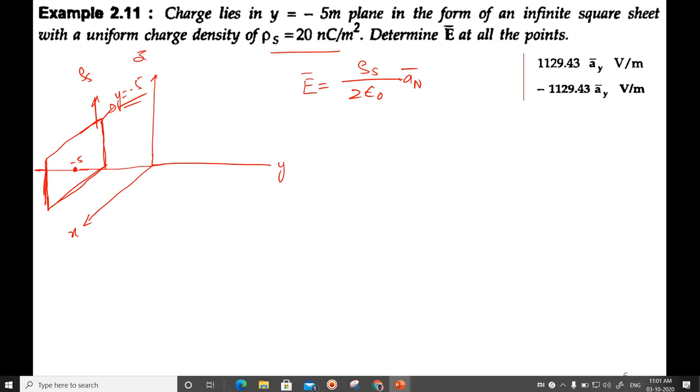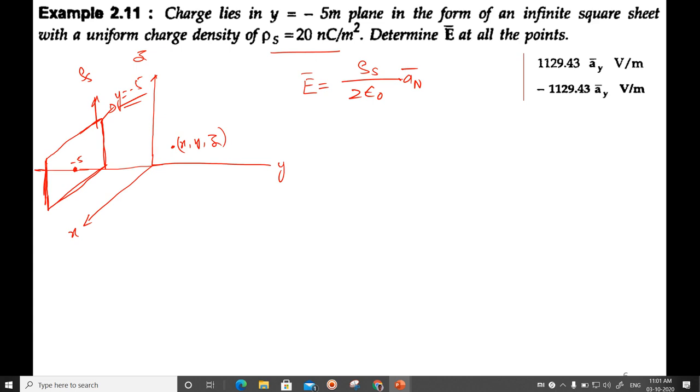Okay, I will consider one point here. It may be near or away. Let me call it x comma y comma z somewhere, right? Or else, if I want to be very specific, I can take some example values, like 1 comma 2 comma 3.